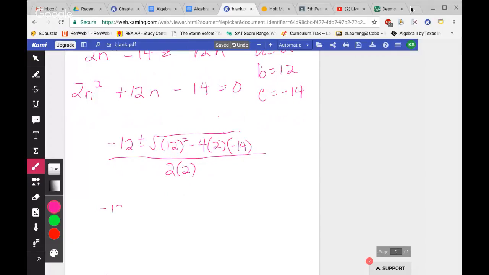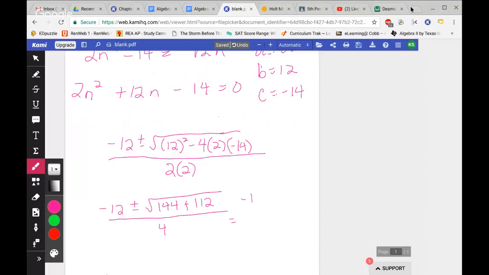So negative 12 plus or minus 12 squared is 144. Then you have a 4 times 2 times a negative 14, which is a negative 112, but it's a minus, so that's going to make it a minus negative 112, which would make it plus 112, all over 4.